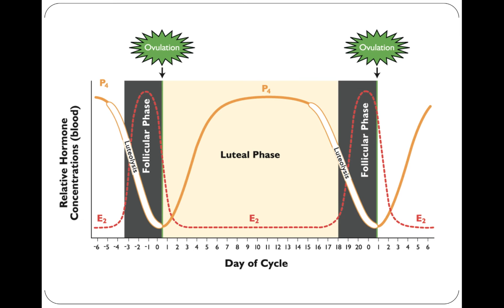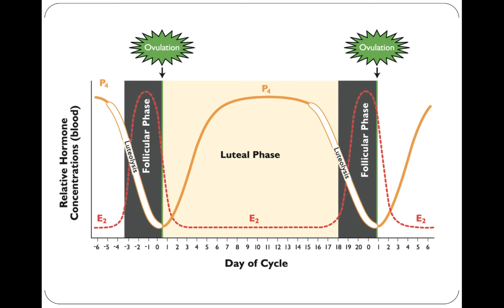That estradiol is going to target not only the hypothalamus, which will trigger the pre-ovulatory LH surge to get ovulation to happen, but it is also going to target the uterus, the cervix, and the vaginal tissue. It's going to cause contractions in the reproductive tract, and these contractions really aid in the transportation of sperm. They're a key part of this process.